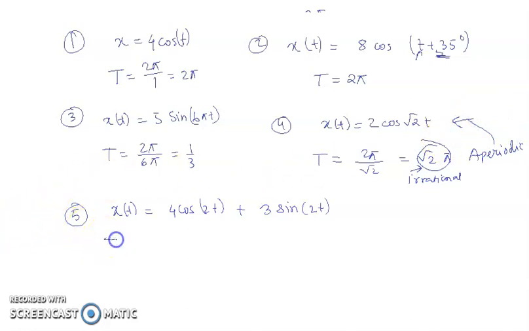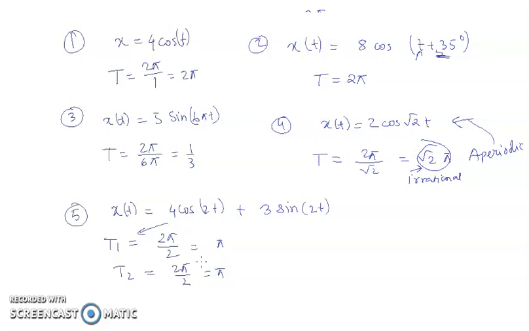And for this signal, T1 is equal to 2π by 2, which is π. T2 for the second signal is 2π by 2 again, so it is π.